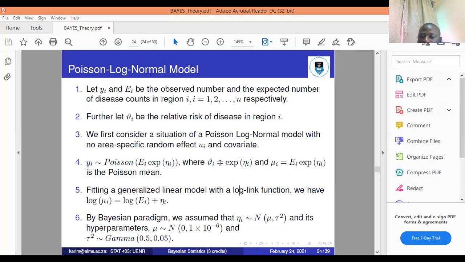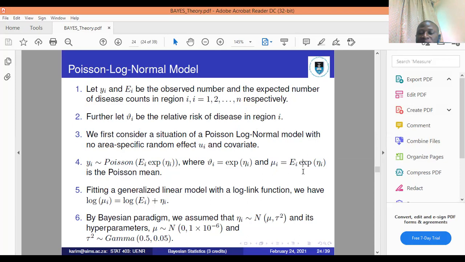What this simply means is that our rate, which is the whole of this thing here for the Poisson, let's say we use the mean I to represent the rate that would have been here. So our mean I, that is the rate of the disease in region I, is now equal to the expected number of disease cases multiplied by the exponent of the eta.